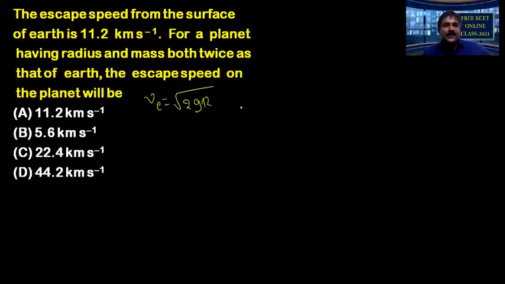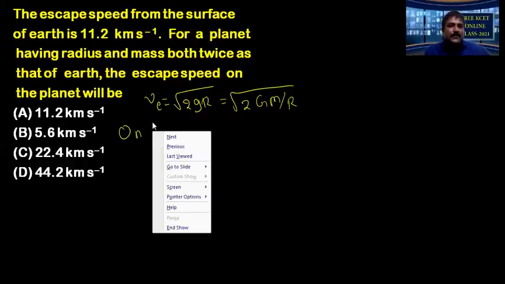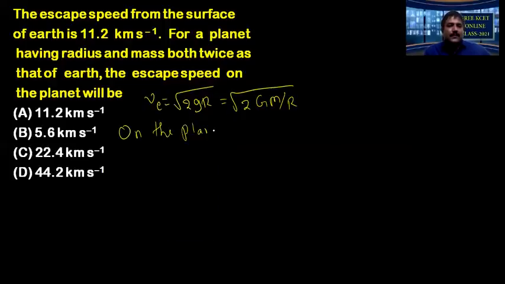But here mass and radius is given, so mass is not there in this term, so I can rewrite this formula as root of 2GM by R, since gR square is GM, so gR is GM by R. Escape speed on Earth is a well known expression. On the planet we have to get, so first we have to use the expression for escape velocity on that planet, then only we can find out.